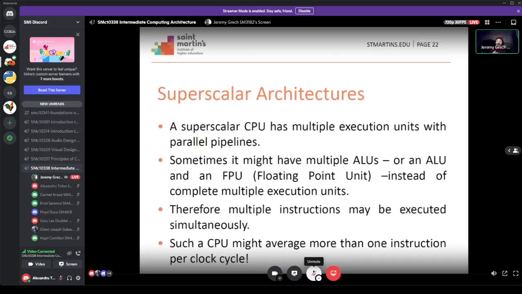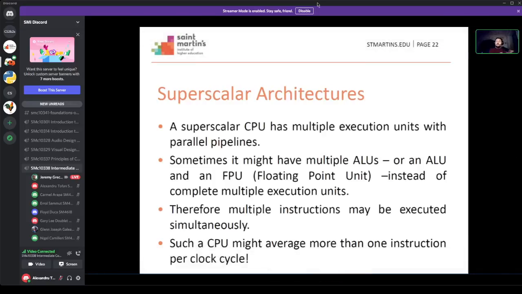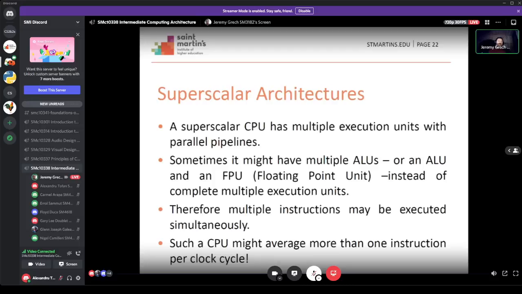Depending on the number of pipelines you have, or the number of threads that you can execute at any given point in time, you're going to have a number of instructions completed at the same time. Not necessarily equal, because you might come across pipeline stalls in each and every one of those pipelines that we mentioned.